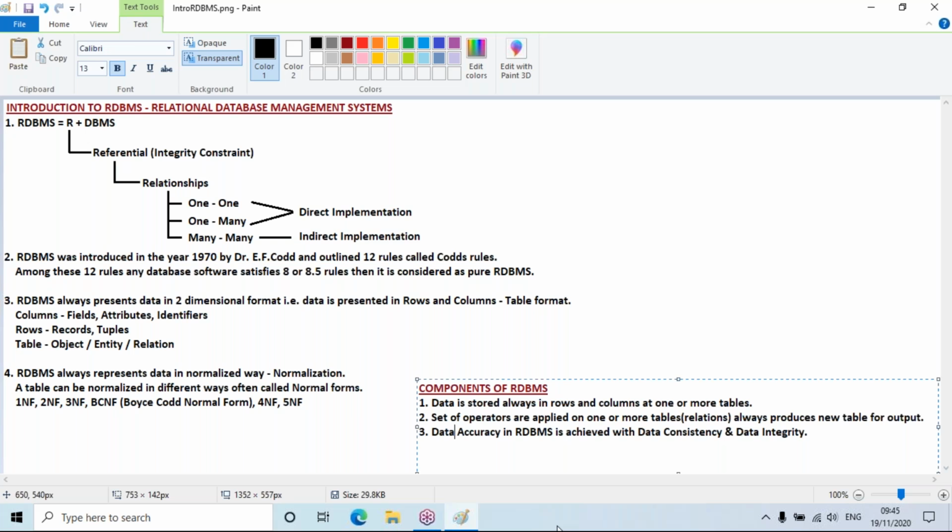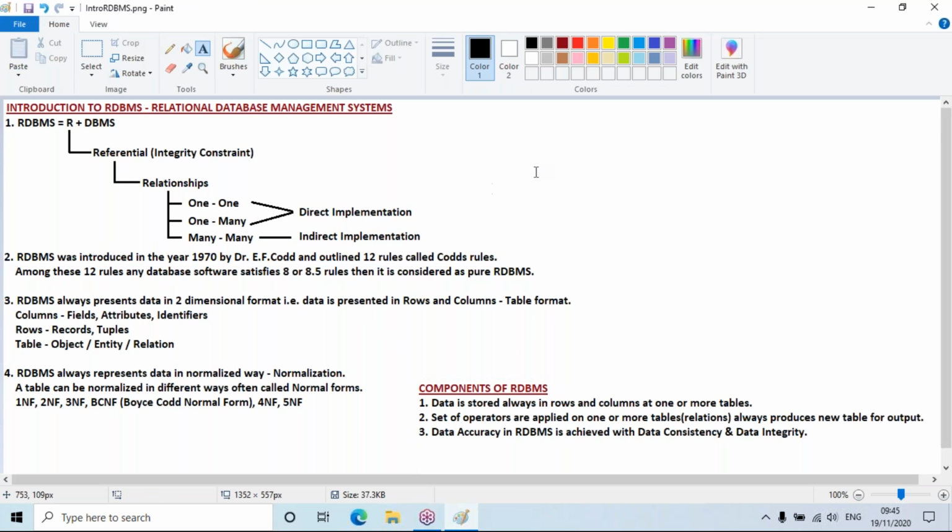Now, this is the introduction part of RDBMS. These are the important points that you have to remember towards the introduction part of RDBMS.